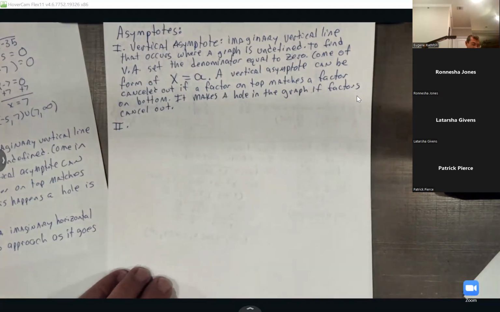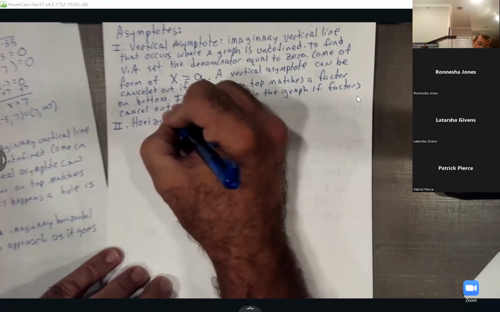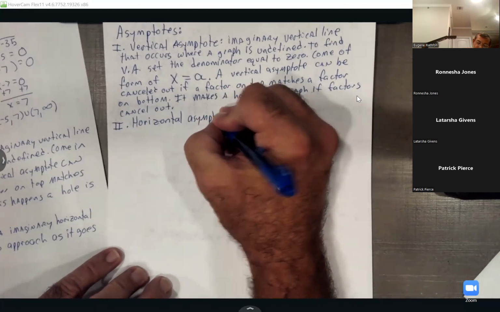Now, the second type of asymptote was a horizontal asymptote.